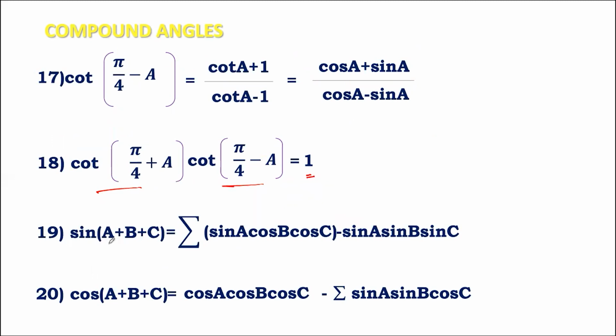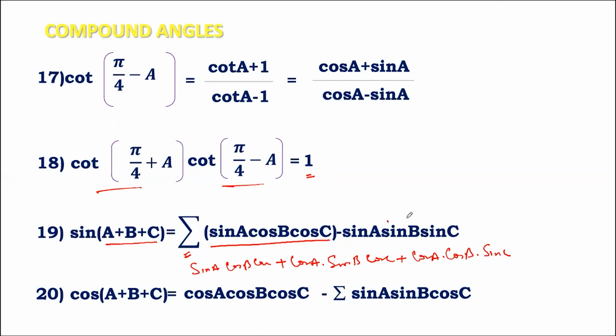And for the compound angle formula for A+B+C, you have to understand this summation sign. This summation sign represents that this term will come thrice, in cyclic order. First, sin A cos B cos C, plus, second time, cos A sin B cos C, plus cos A cos B sin C, minus this term.